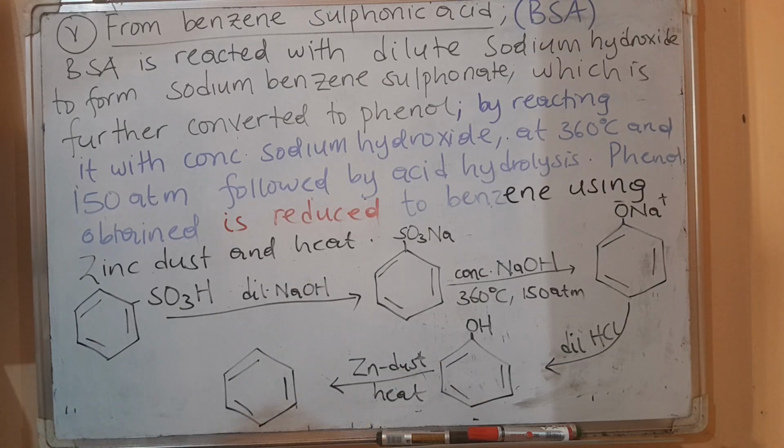Then phenol on treatment with zinc dust in presence of heat, we have seen that this yields benzene. So this is the indirect way of obtaining benzene, but I put an emphasis on the first three techniques. So I stop there as of now.